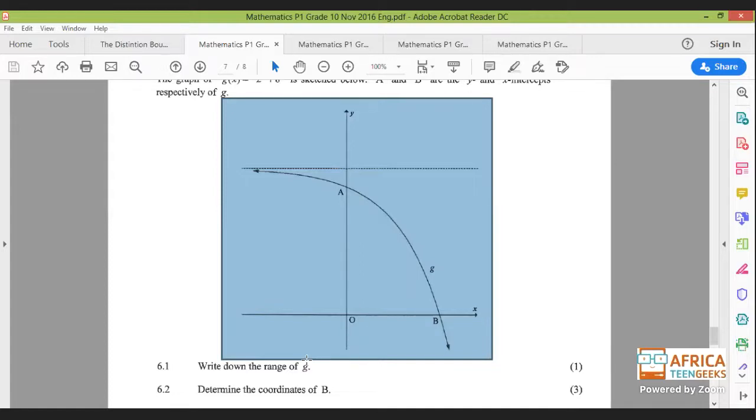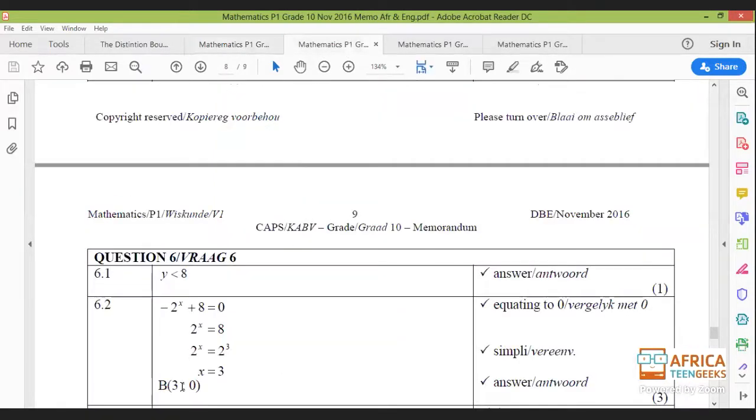We then calculated the coordinates of B, question 6.2, and we got the answer as (3; 0). Now we need to move on.